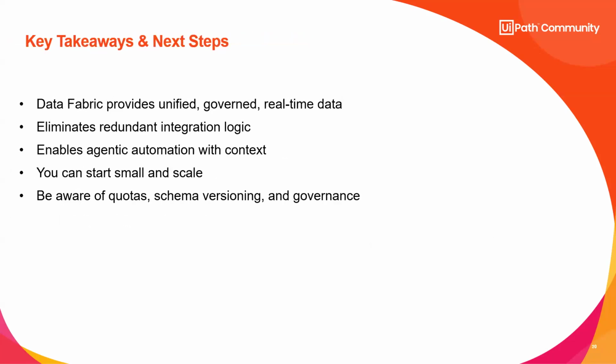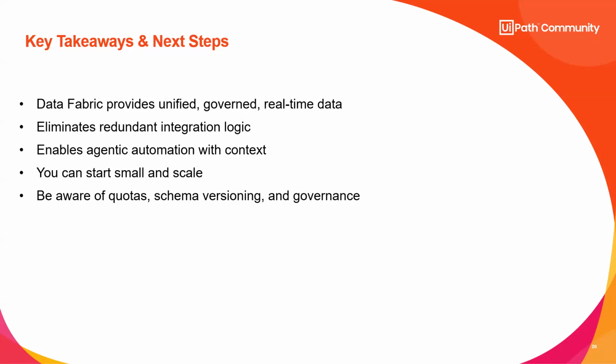So let's summarize what we have covered today. UiPath Data Fabric is our internal governed unified data backbone inside the UiPath platform. It connects directly to systems like Freshdesk, Salesforce, through Studio for apps, and Google Sheets.